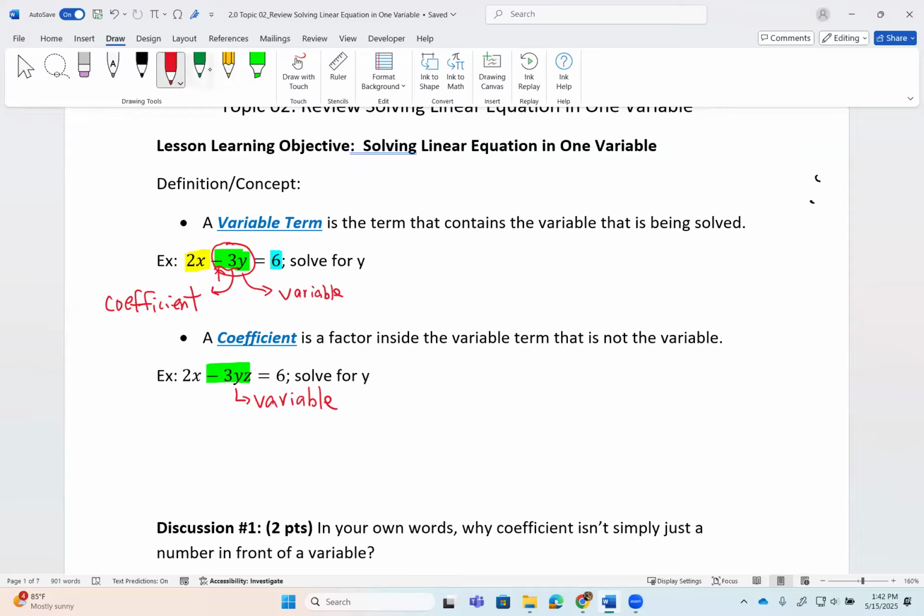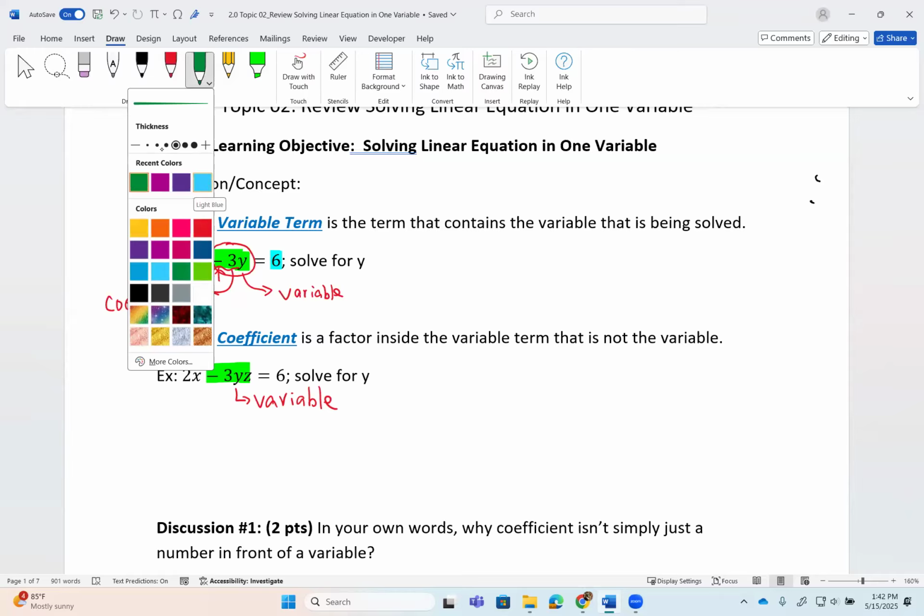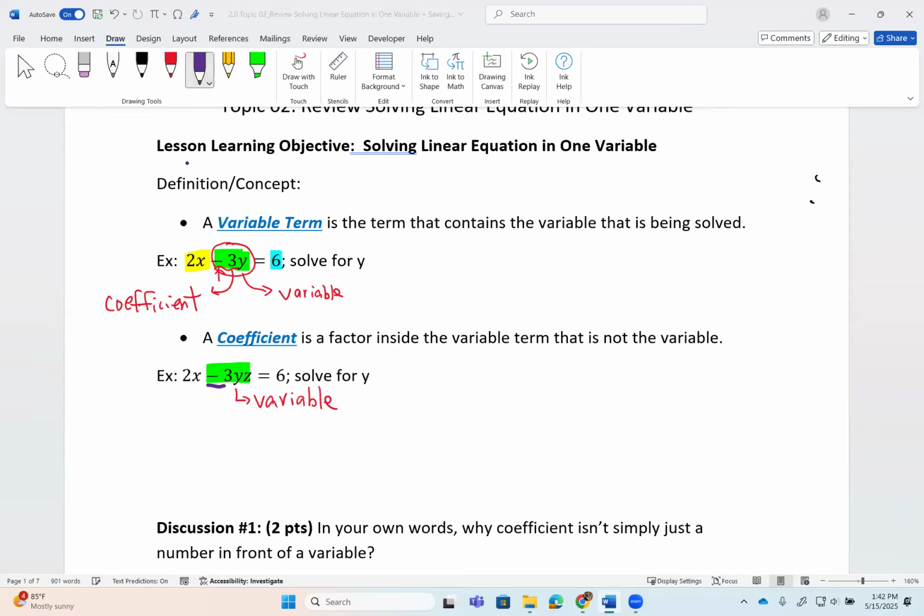So that means the negative 3 and the z both have to be my coefficient. So again, a coefficient is not simply just a number in front of x. Okay, that's not a good definition, basically.